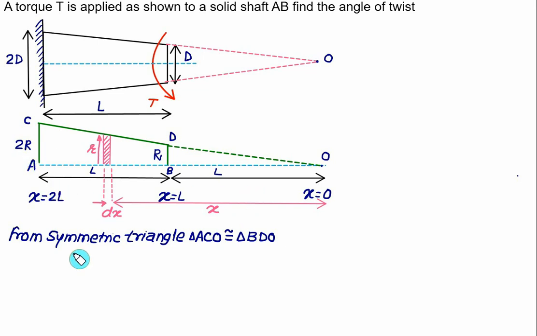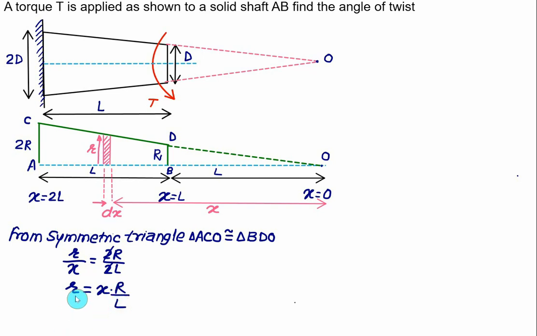So this height is equal to r and the base is equal to x. This height is equal to 2R and the total base is equal to 2L. The 2 and 2 will cancel out. And at any distance x from point O, we are able to calculate the radius r. So we have radius r equal to x multiplied by R divided by L.